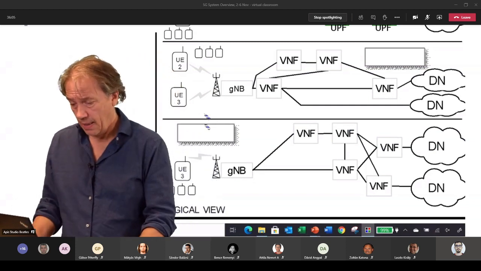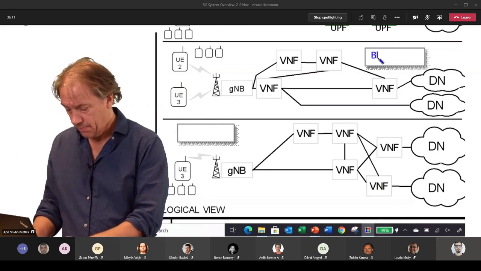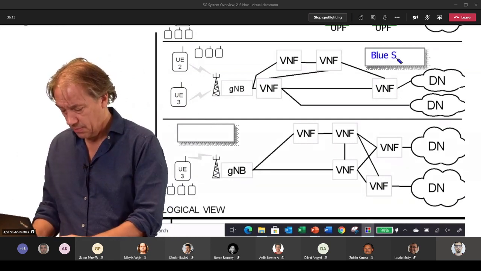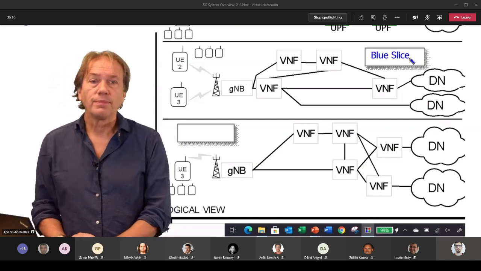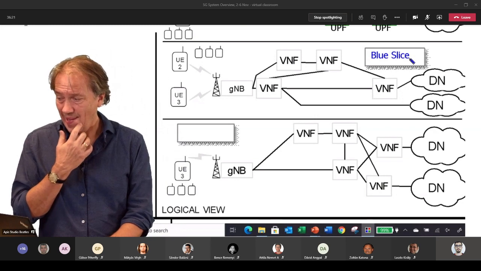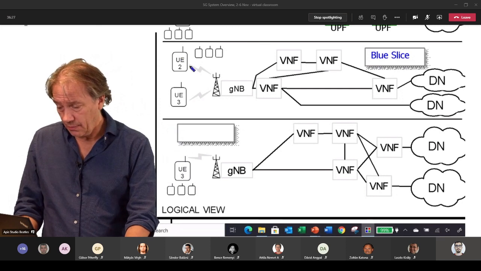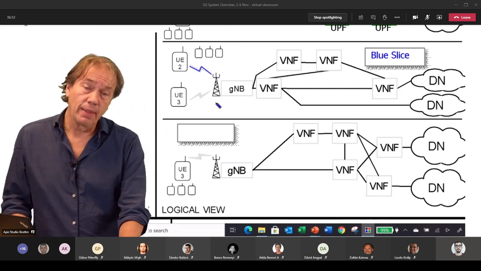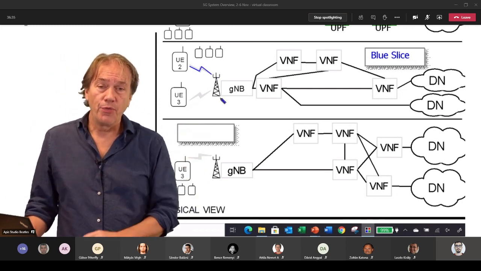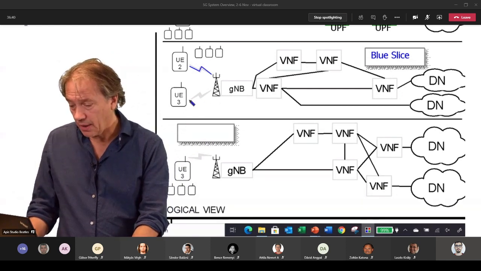So this is the blue slice, UE number 2. And also UE number 3 belongs to the blue network slice, so we can indicate some blue radio resources.